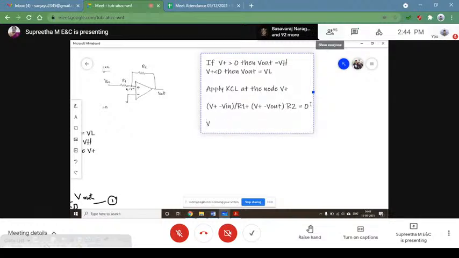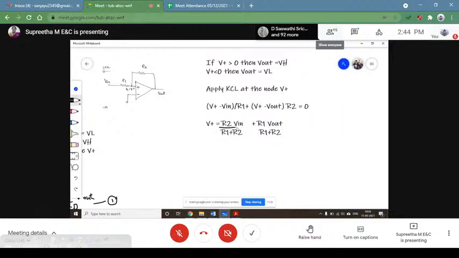After simplifying it further, I get V plus is equal to R2 into V in divided by R1 plus R2, plus R1 into V out divided by R1 plus R2. Any doubts?